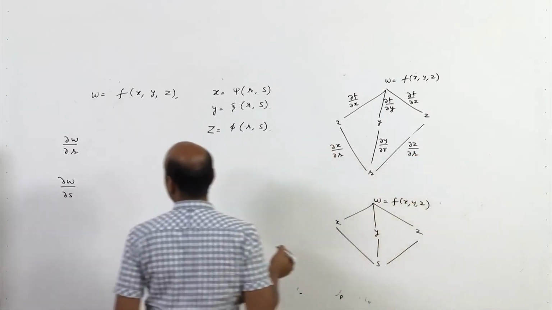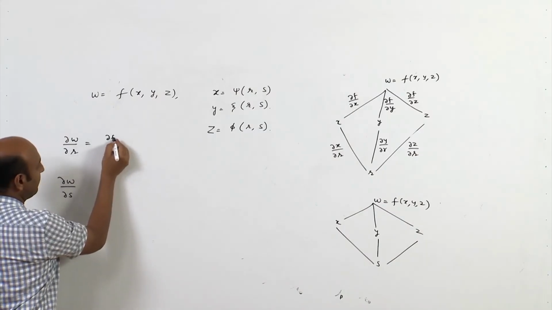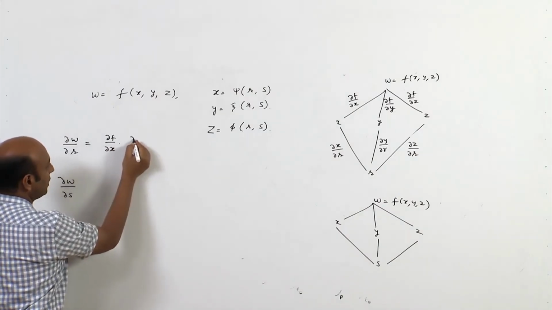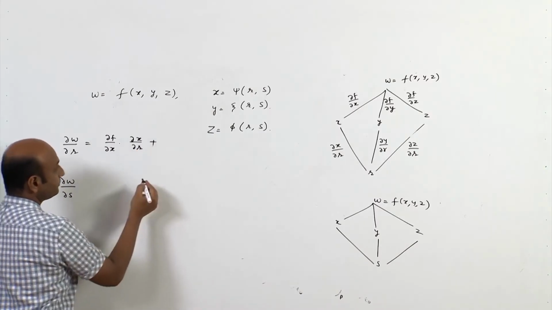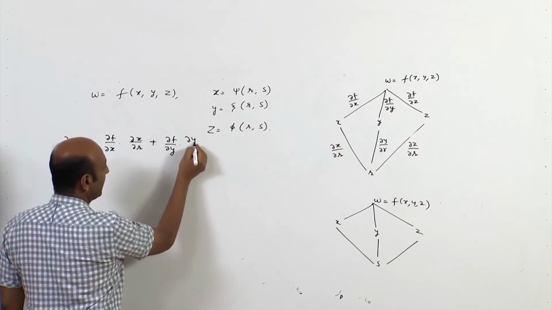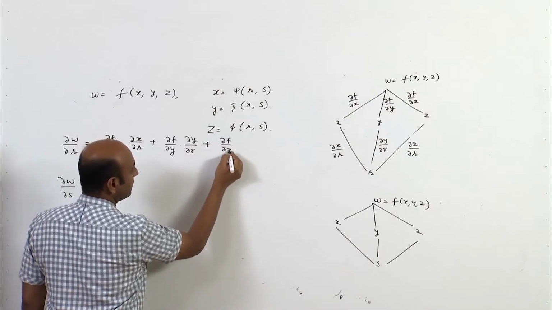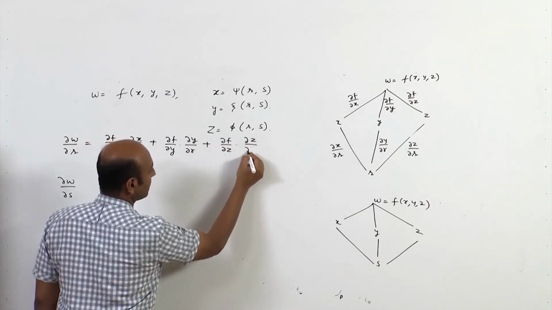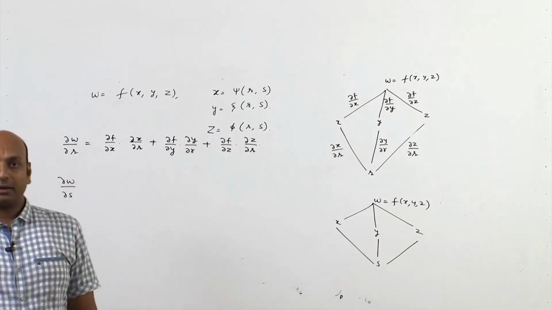So, what will be del w by del r? It will be equal to del f by del x into del x by del r. So, one branch is over, plus del f by del y into del y by del r, plus del f by del z into del z by del r. So, this will be basically del w by del r.